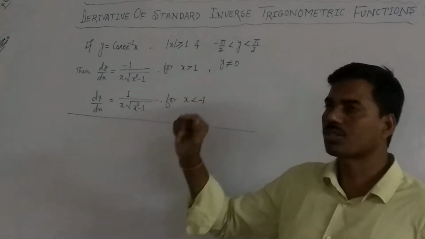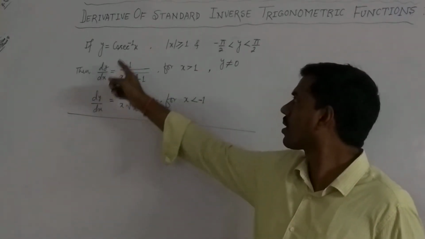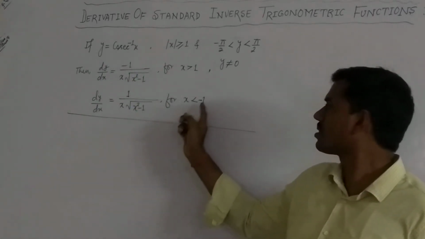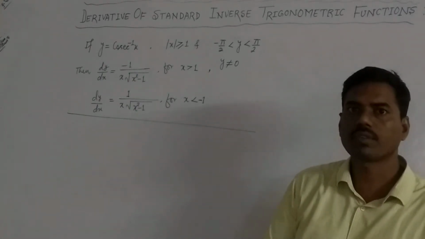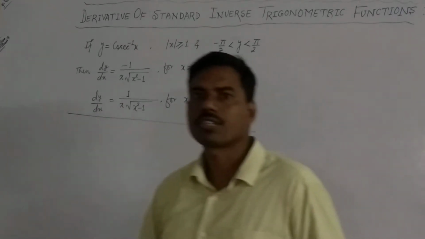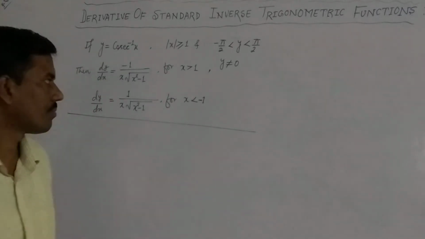This means when x is positive, the derivative of cosec inverse of x is negative, and when x is less than minus 1, dy by dx is positive. Okay, let us prove this result.